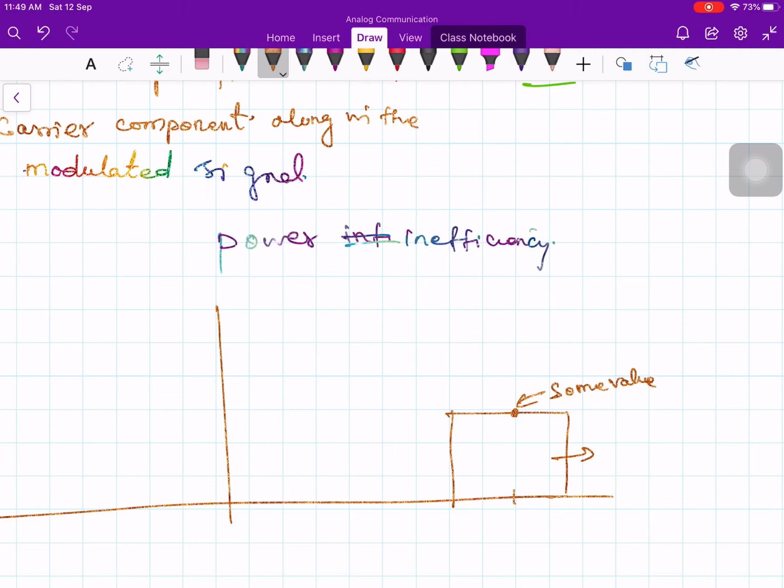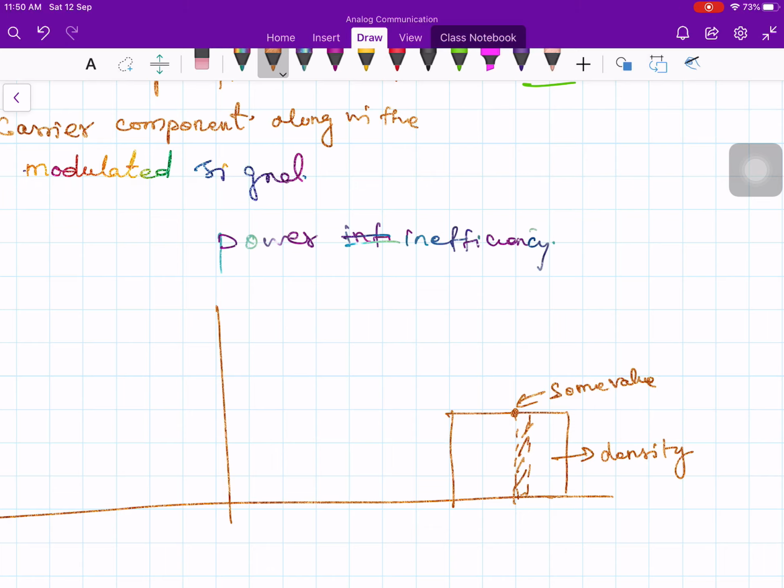Because this is a density component: spectral density, amplitude density. If you don't have a carrier, then the component at Fc will be 0. Because how do you get amplitude? You multiply by a small area, then only you will get some component.